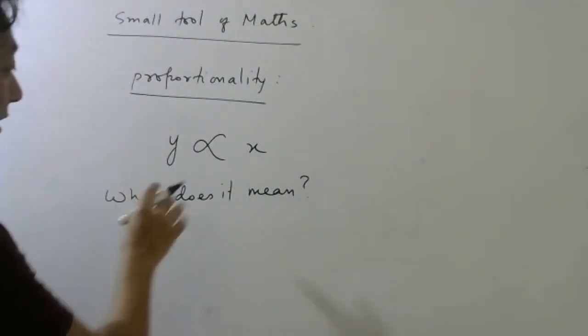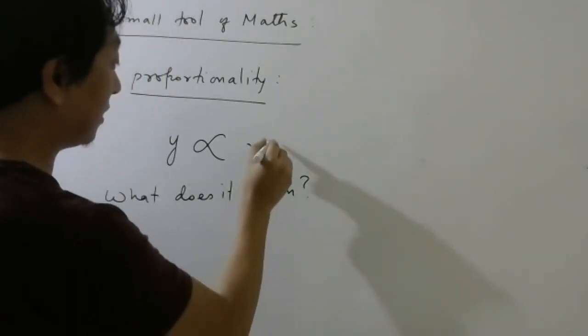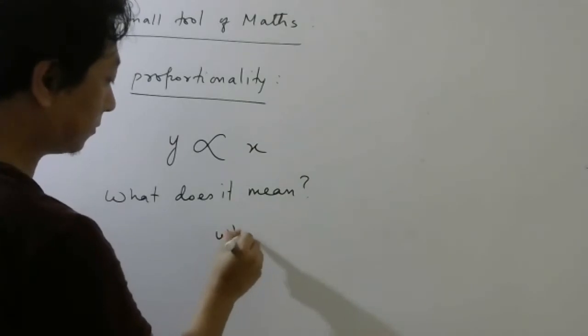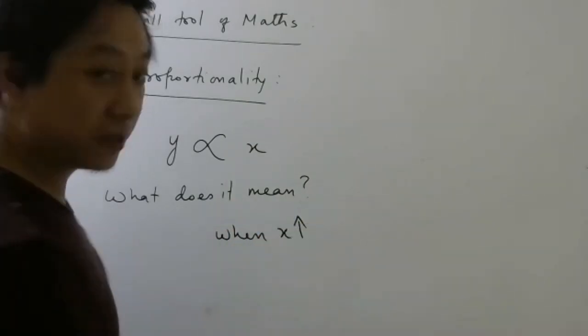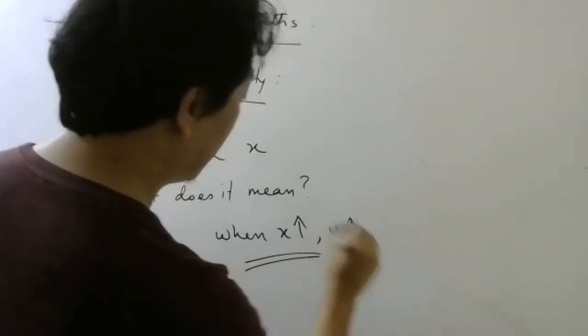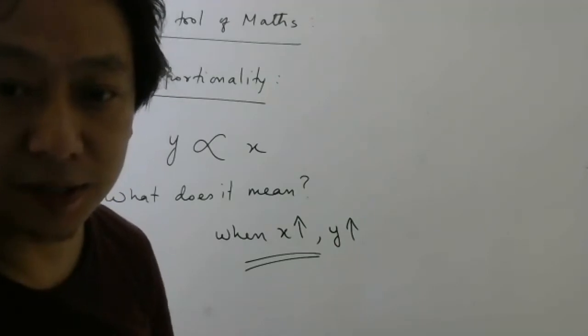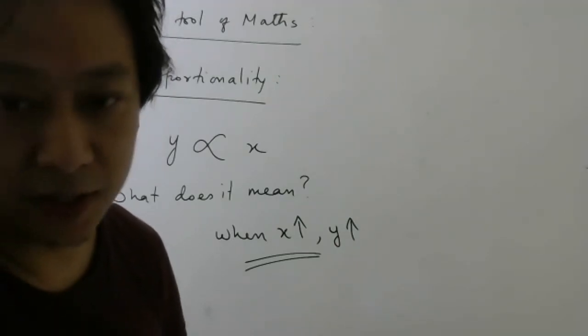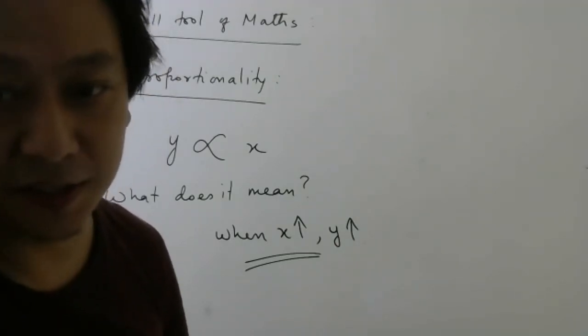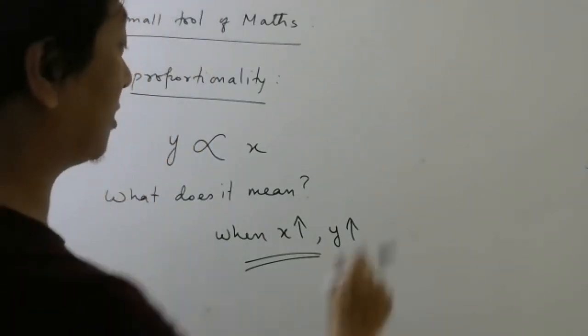So when it is directly proportional, many students say when x increases, y also increases. This much they will say and stop. But that is dangerous. Knowing only that much is very dangerous. So let me try to explain what it actually means.